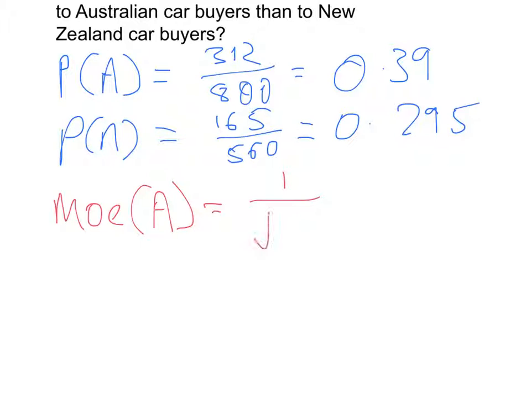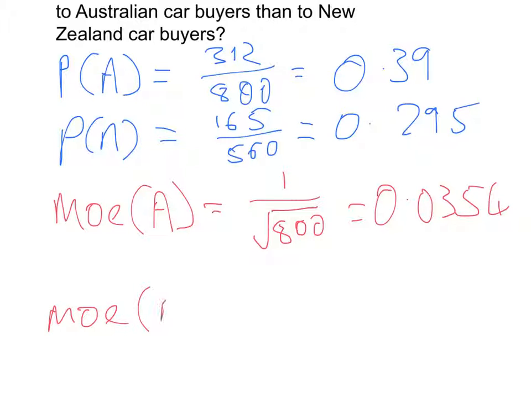One over the square root of 800, which is 0.0354 will do.